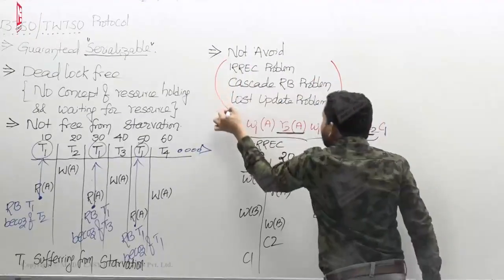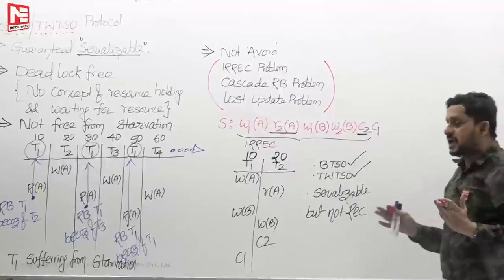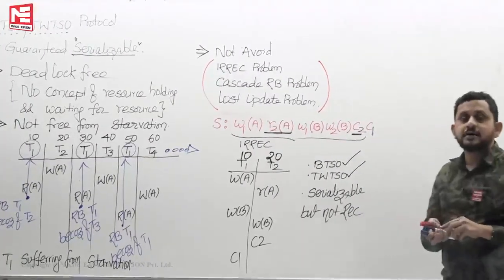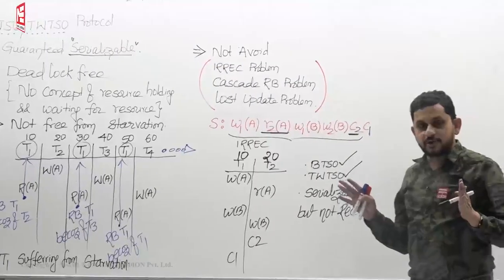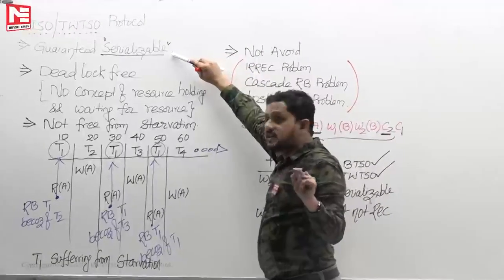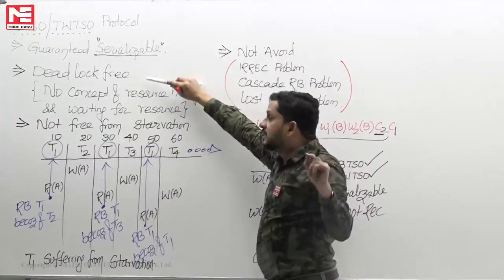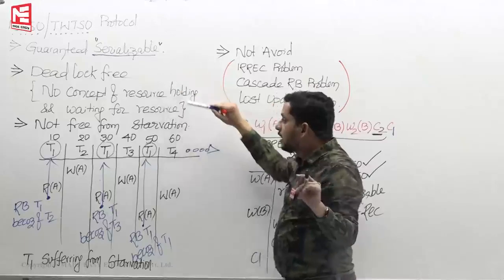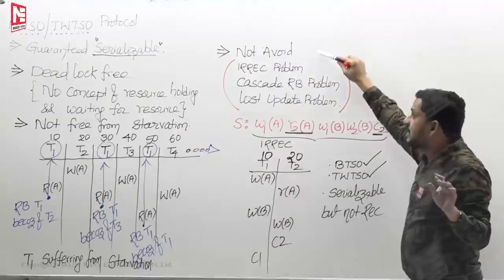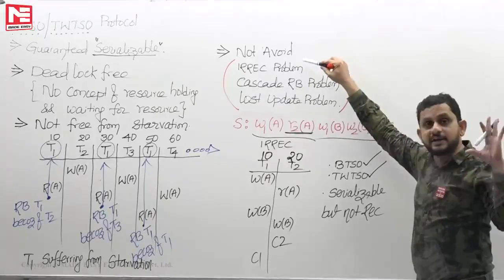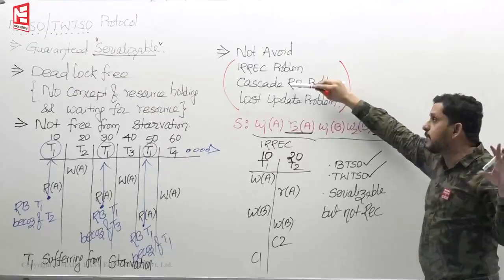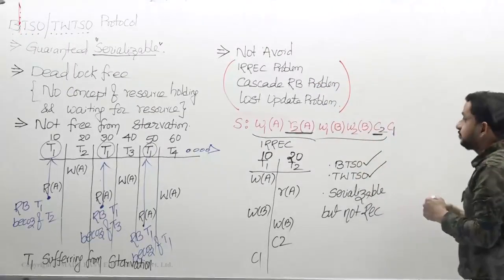These three problems can be avoided by using strict recoverability. Clear this? So these protocols guarantee serializability and are deadlock free, but starvation can occur. They do not avoid the irrecoverable issue, cascading rollback issue, or last update problem.